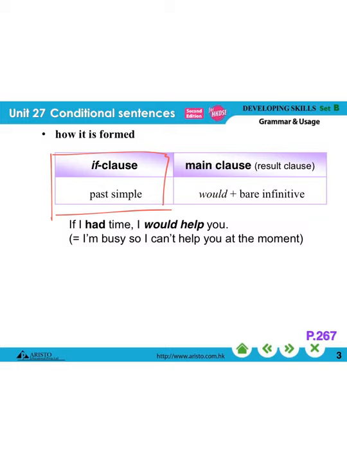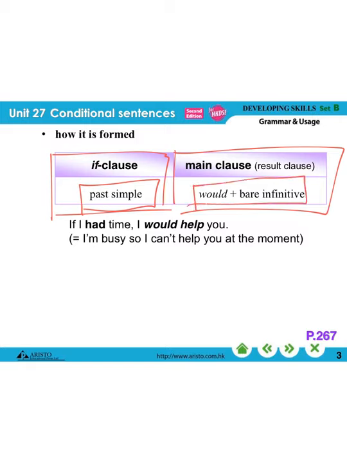But for conditional type 2, if the present situation is not real, then we have to use simple past tense. Past simple means simple past, so simple past tense here. And then for the future, which is impossible, for the main clause, for the result, we are using would plus a verb.